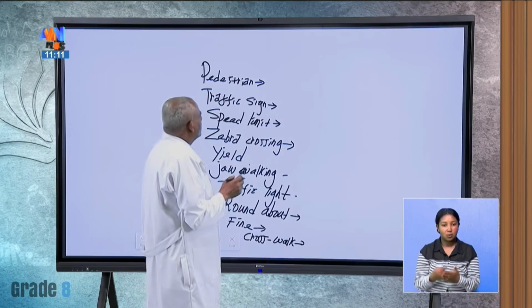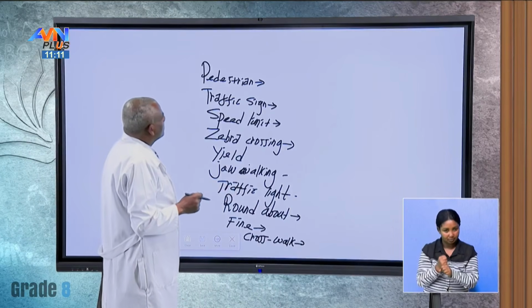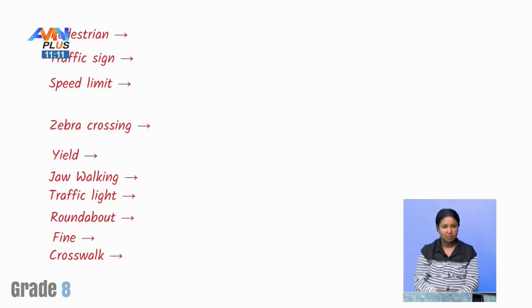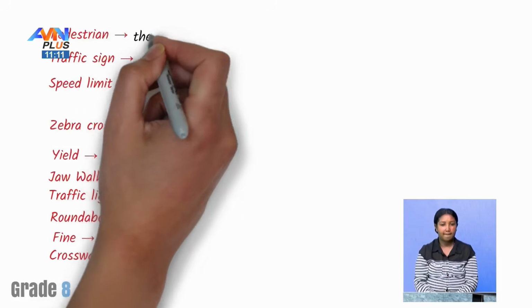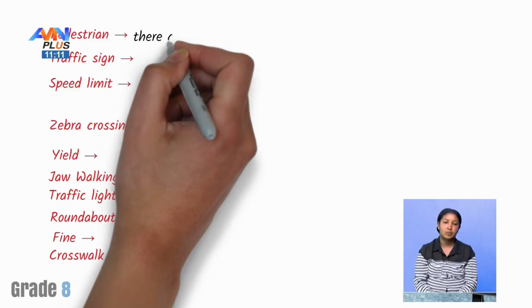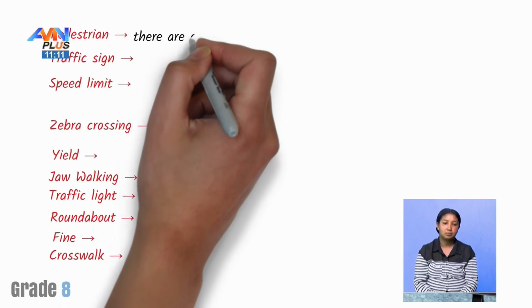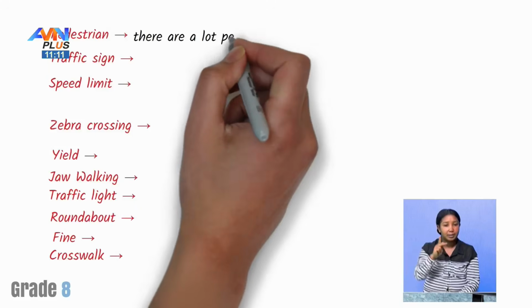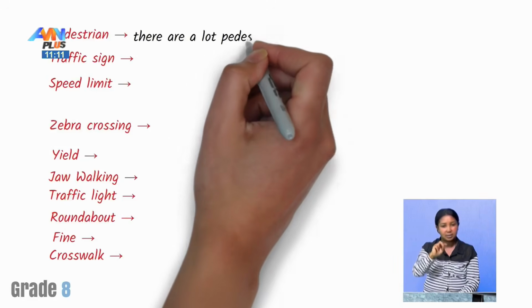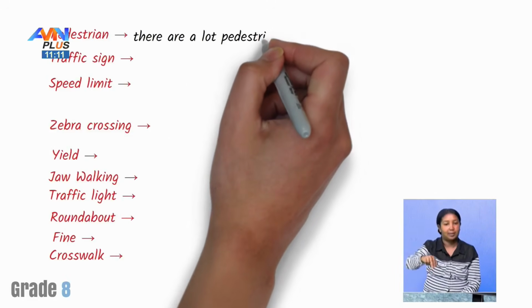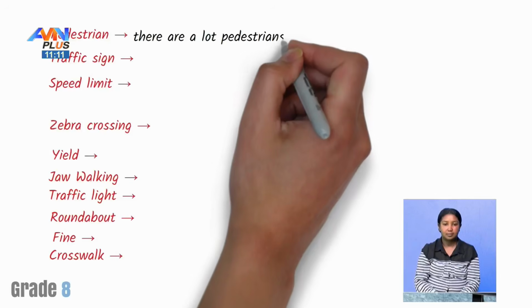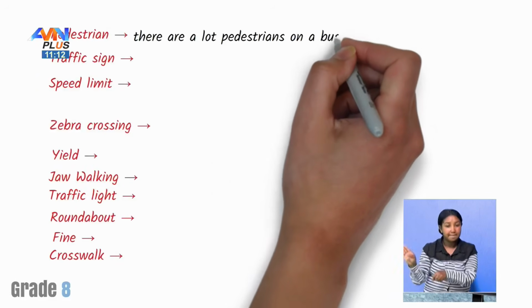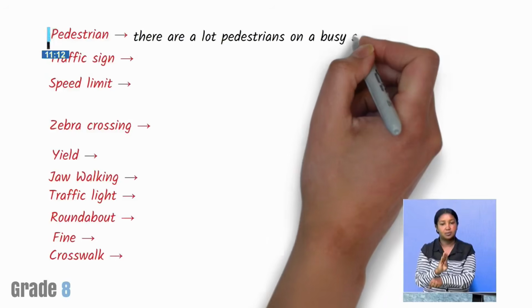So let's go and make sentences with pedestrians. There are a lot of pedestrians on a busy street.